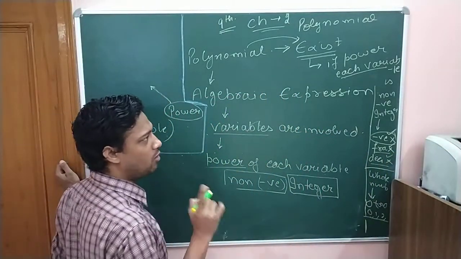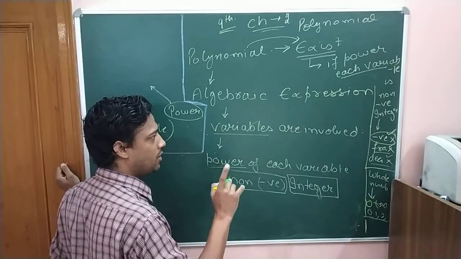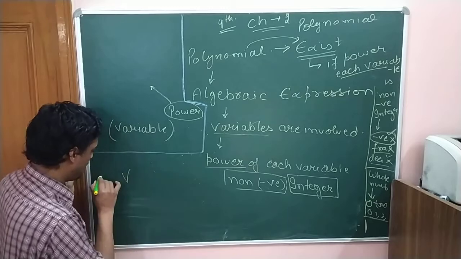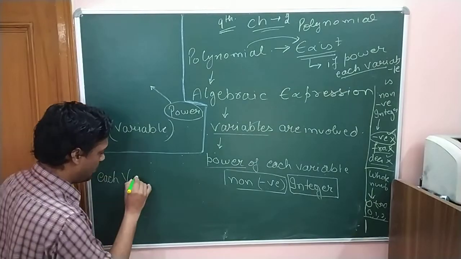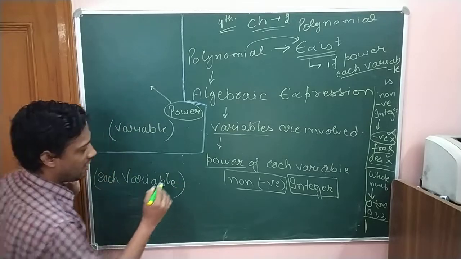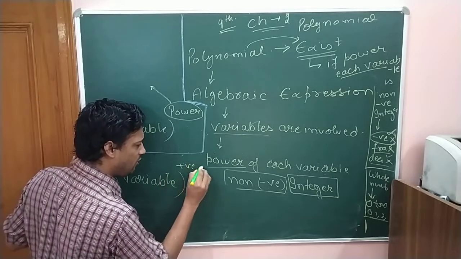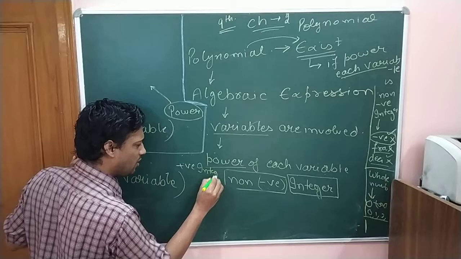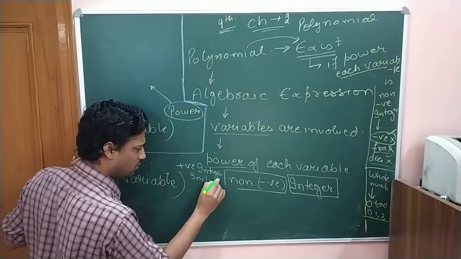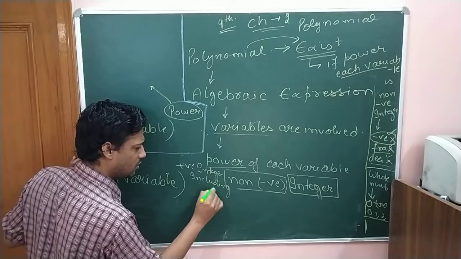It is a polynomial only if each variable has a power that is a non-negative integer, including 0.